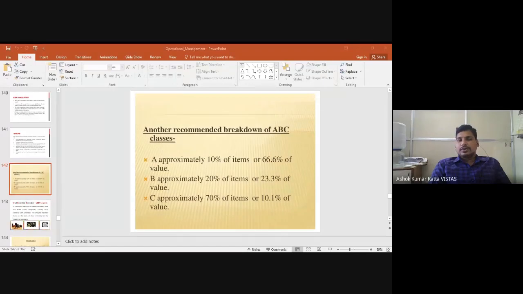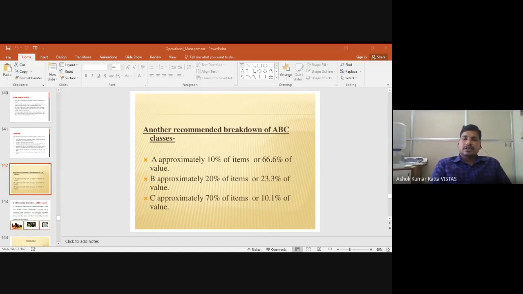See, we are buying 70 percent of material, while the value is 10 percent. So in A, you are buying a lesser quantity of inventory, but the value is very, very high. And these products are also purchased by very few people, not everyone.